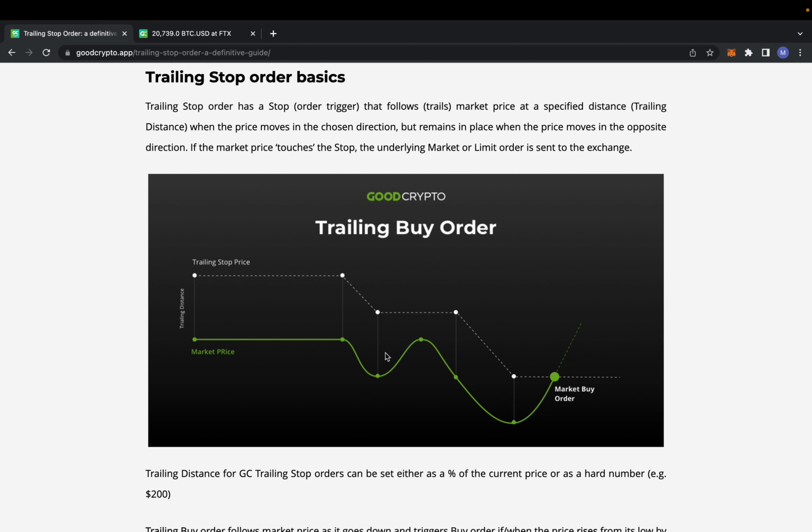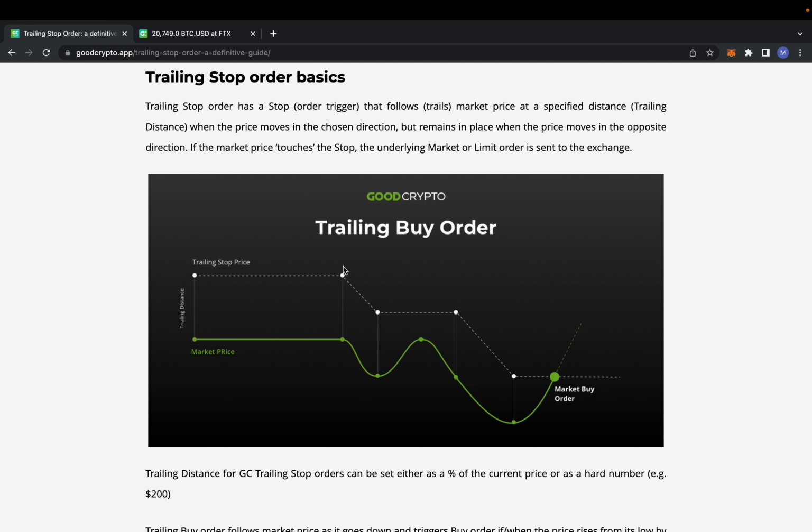So let's look at the picture now and the illustration of what I've just said. Let's say we're looking at the trailing buy order. Of course, you can use trailing stops for both buy and sell orders. Let's first start with the trailing buy order. So what you have here is the market price.